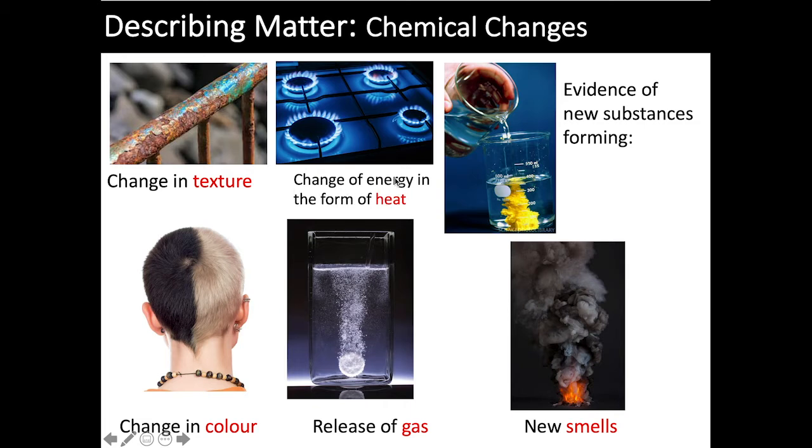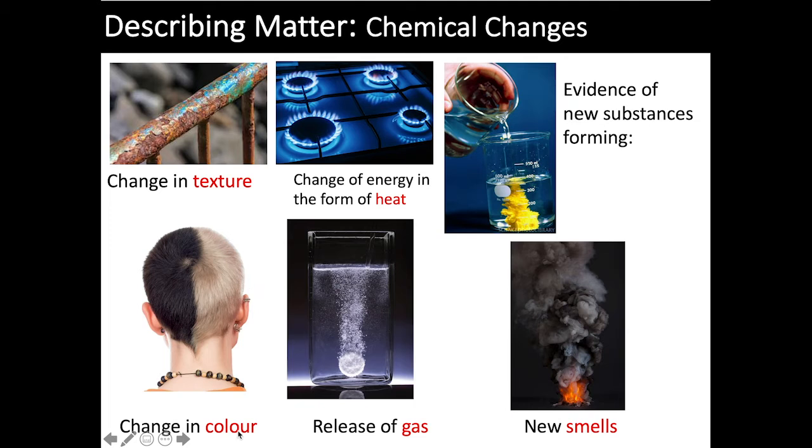So if a powder is mixed with a liquid, and both are cool, but when you put them in the bag they produce heat, that would be a good example of a chemical change. Another sign is evidence of a new substance forming. This clear liquid is being poured into this clear liquid, but it's formed a crystal-like yellow structure.